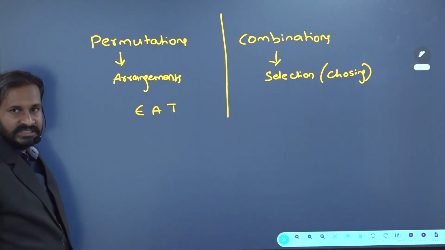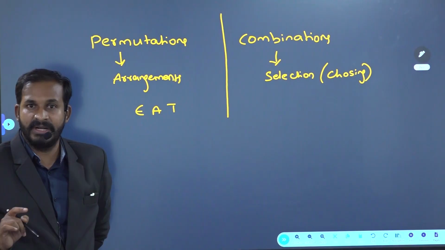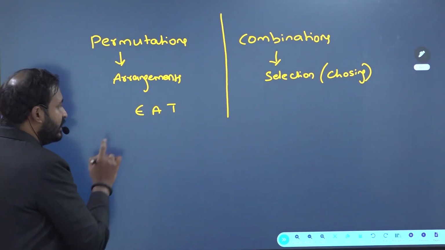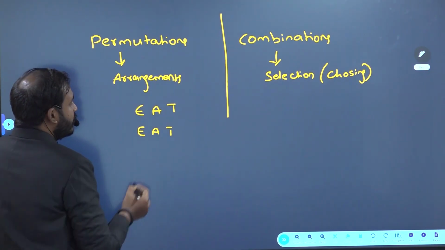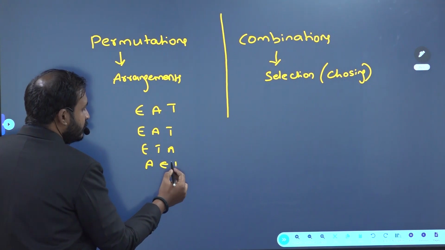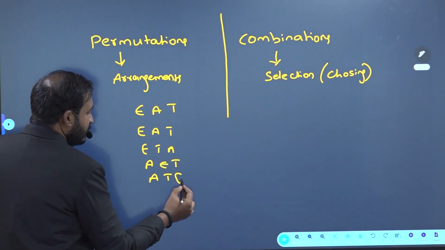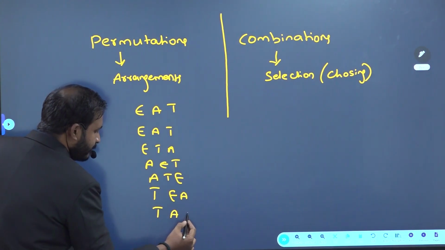Now, what is the difference between permutations and combinations in general? We will see. For example, there is a word, eat. If I want to arrange the letters of the word eat, in how many different ways can I arrange it? I can write it as EAT, or ETA, or AET, or ATE, or TEA, or TAE.